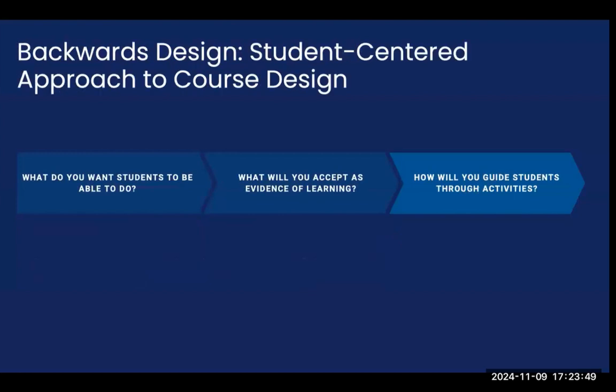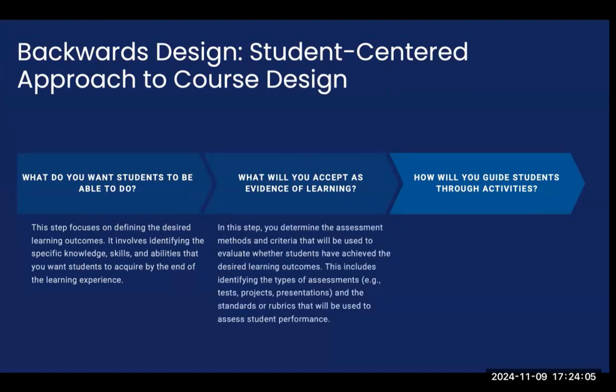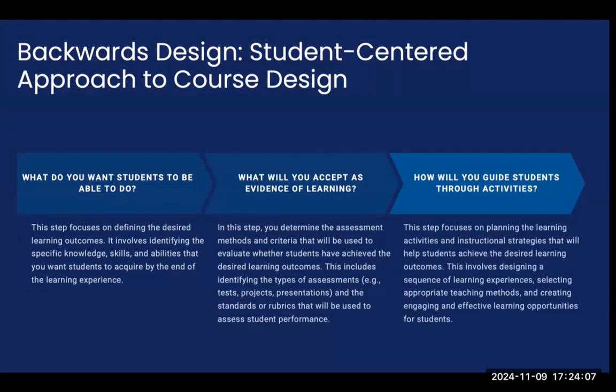So our student-centered approach focused on three questions. So the first one is, what do you want students to be able to do? And then the second one is, what will you accept as evidence of learning? And then the last one is, how will you guide students through these learning activities?